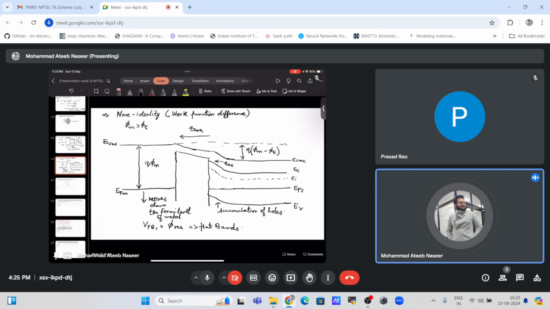So as a result of this, we will be getting the bands to be flat, because now we have attracted more electrons towards the interface, and as a result we will be getting no band bending.